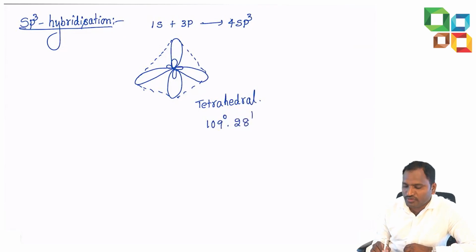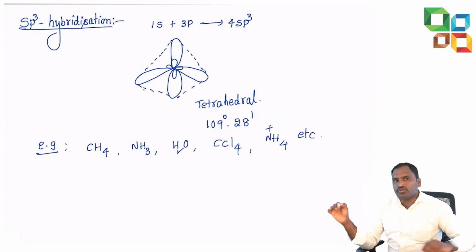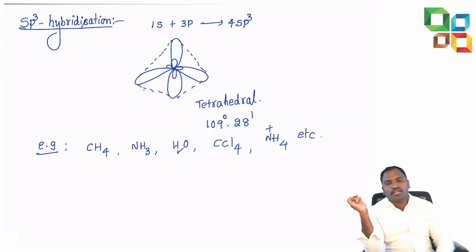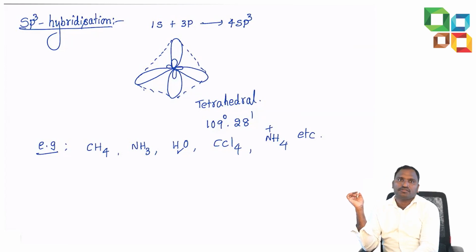Here, examples of sp3 hybridized molecules: CH4, NH3, H2O, CCl4, NH4+ undergo sp3 hybridization.